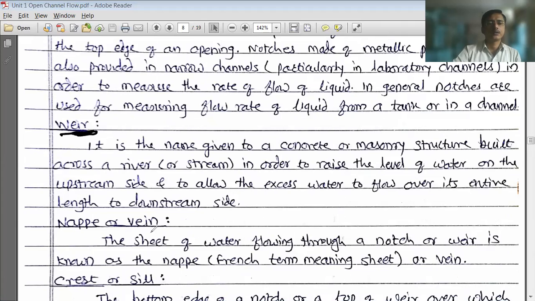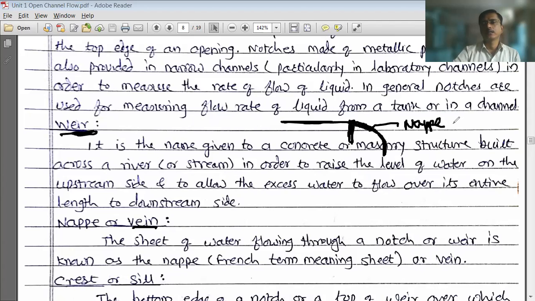And what is nappe or vein? See, when the notch is provided here like this, and water is flowing on the upstream side, when the water falls below from the notch or weir, the sheet of water that forms here is called the nappe.